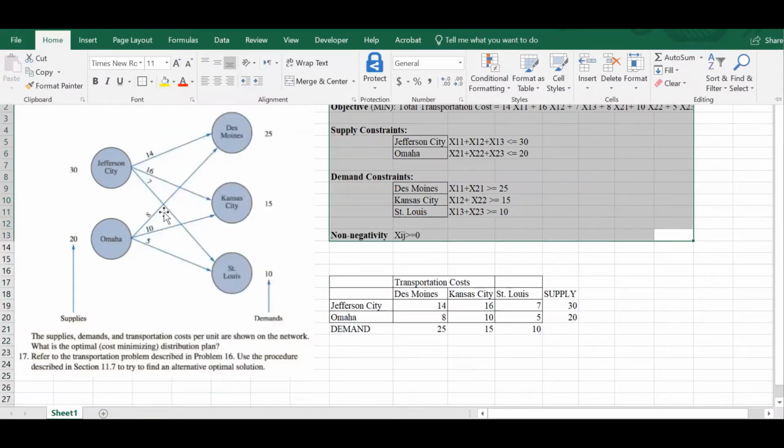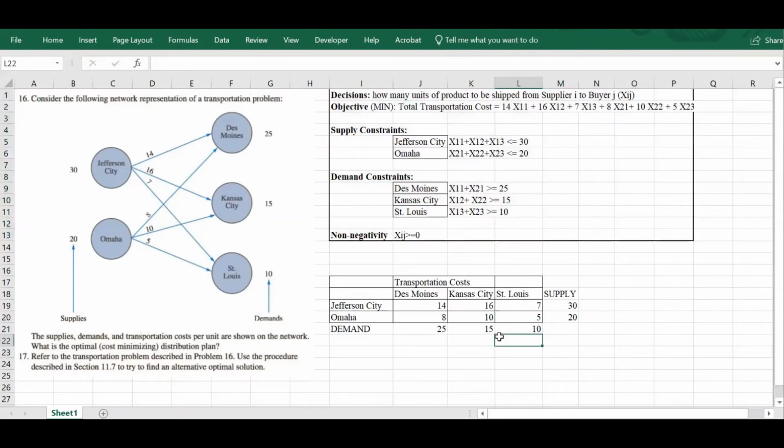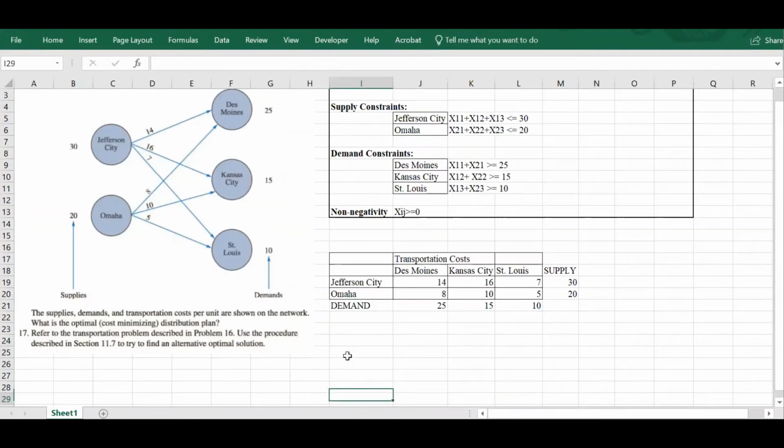Let me go ahead and develop the spreadsheet model. So we need to first develop the decision variables. Decision variables are going to be one per each route. All right.